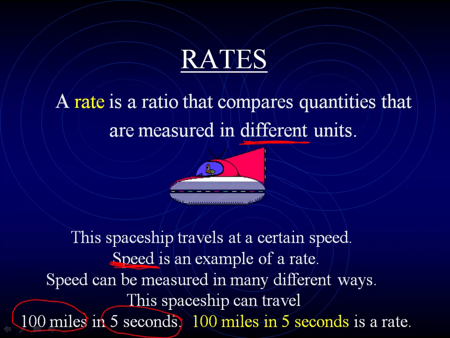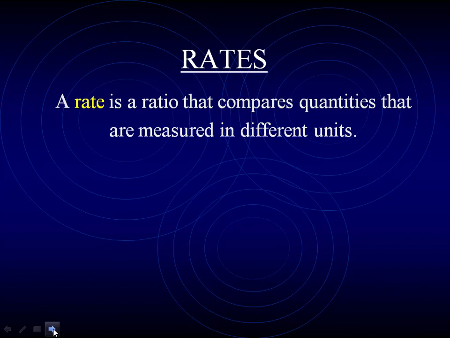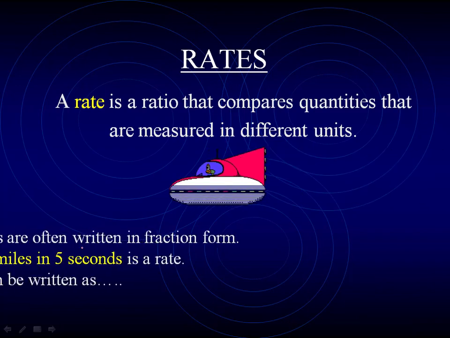So we have now two different quantities, which are miles and seconds. Miles measures the distance and seconds measures the time. So we have now two different quantities, and that's the meaning of the rate.